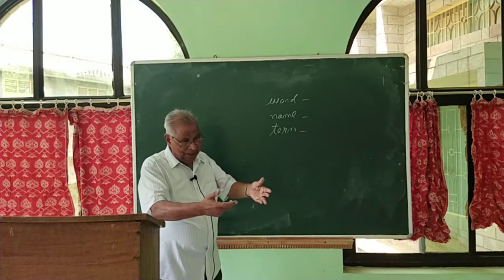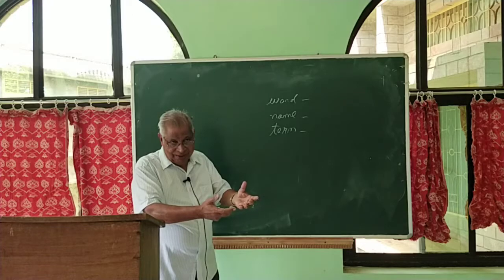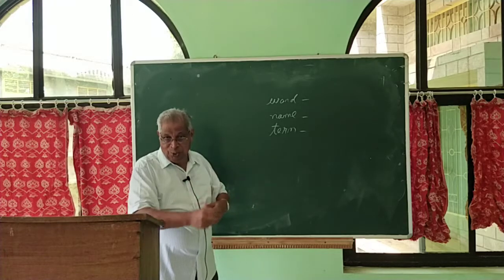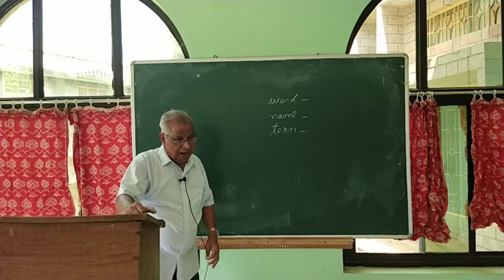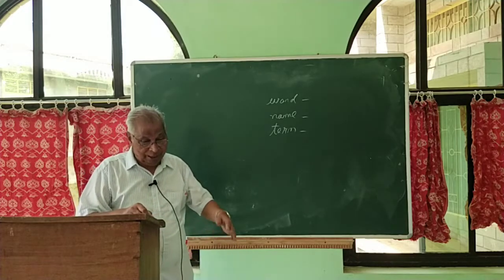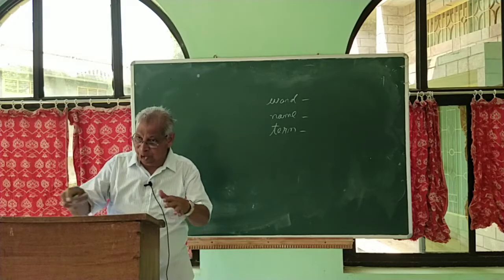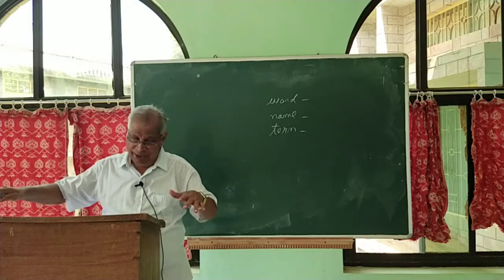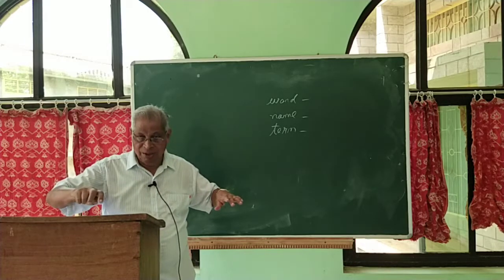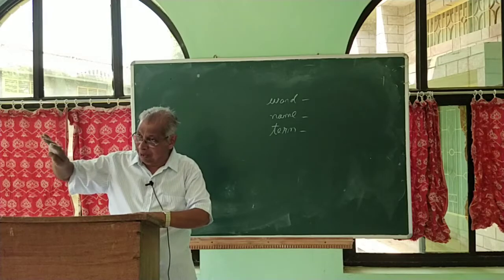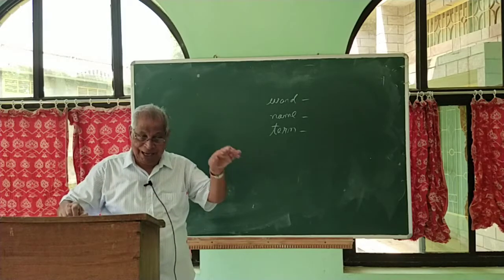When you clarify what a chair is, in order to give clarity to my clarification, I will try to contrast it. It is not a table. It is not a stool. It is not a bench. So contrasting is for the sake of clarifying.